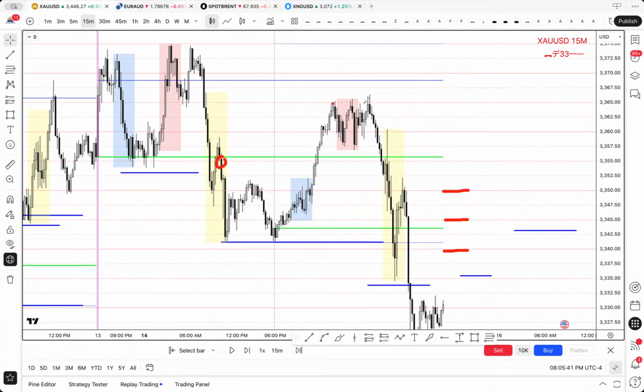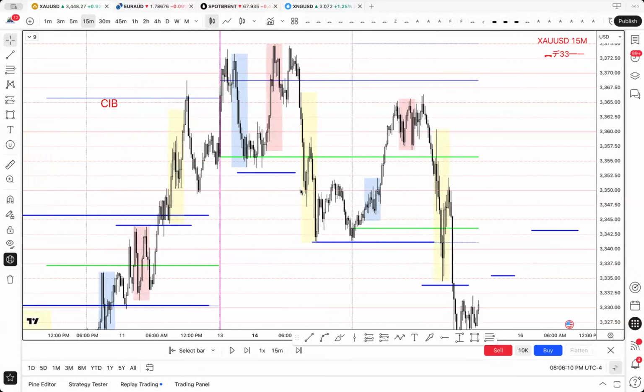If you're trading this, this was at 50s. This was at zeros. This is 50s. This is zeros. This is 50s. Best places to enter a market are zeros and 50s, and it is dead accurate. It's crazy how accurate it actually is.